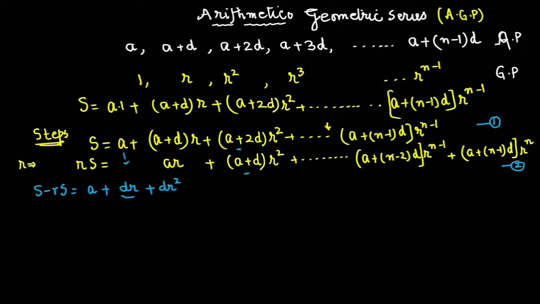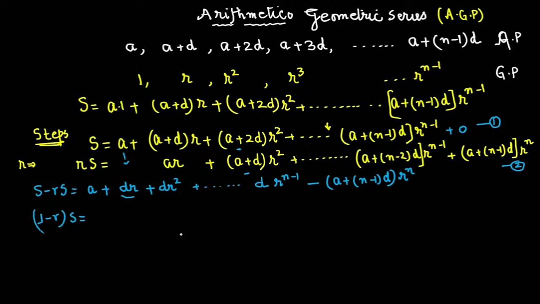Similarly, up to the nth term, it becomes D r to the power n minus 1. But here there is 0, and this gets subtracted, so it becomes minus (A plus (n minus 1) D) r to the power n. Now this becomes (1 minus r) into S.